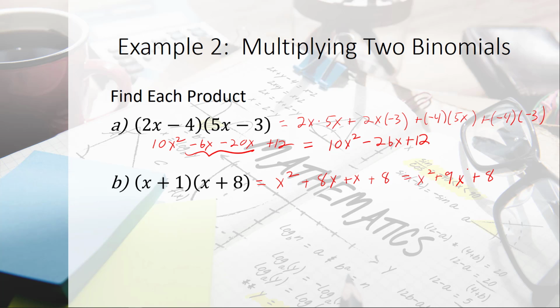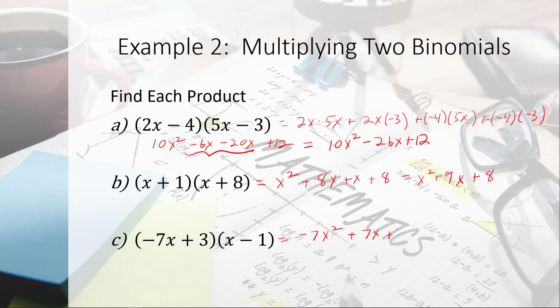And then finally, here we have negative 7x plus 3 times the quantity x minus 1. Again, using our FOIL method, negative 7x times x is negative 7x squared. Negative 7x times negative 1 is positive 7x. 3 times x is, well, 3x.